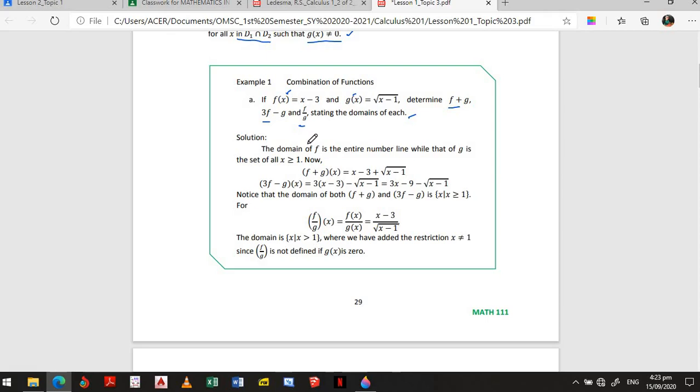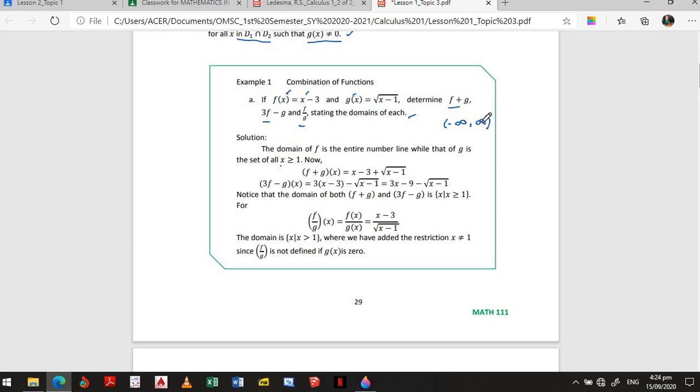So first, the solution: the domain of f is the entire number line, while that of g is the set of all x greater than or equal to 1. We have to determine first the domains of our individual functions f and g. Here we have a polynomial function. Please be reminded that the domain of all polynomial functions is the entire number line, that is from negative infinity to positive infinity.